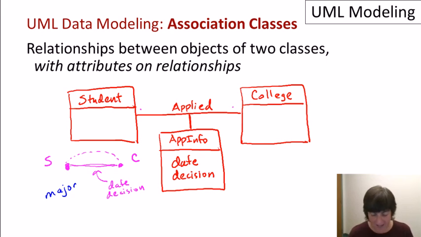We'd have to add a separate class that was for the application information with separate relationships to the students and colleges. So this is, in my mind, a slight deficiency of UML. Again, that it only captures at most one relationship between the two specific objects across the two classes.